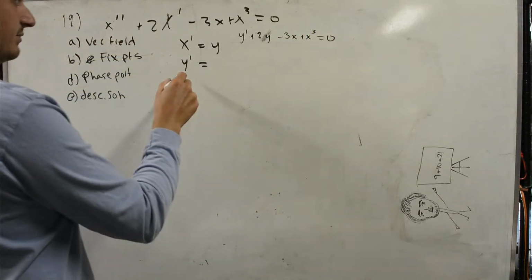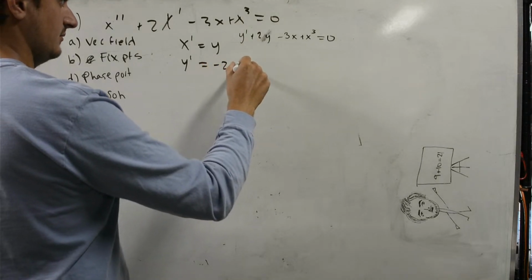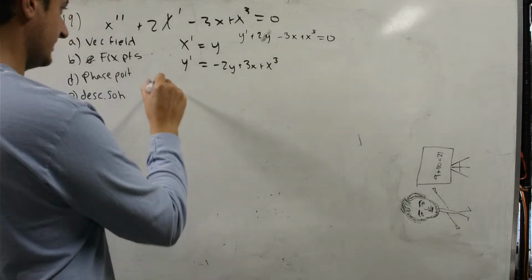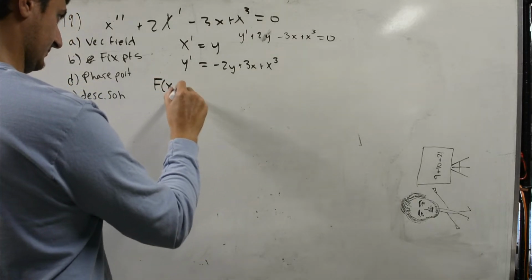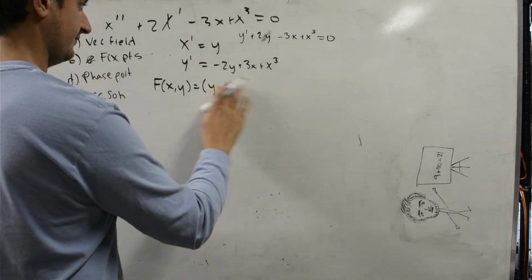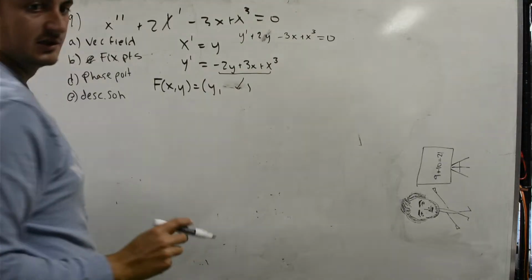Okay, so y prime is equal to minus 2y plus 3x plus x cubed. So then f of x, y is equal to y minus this. So that's part A.